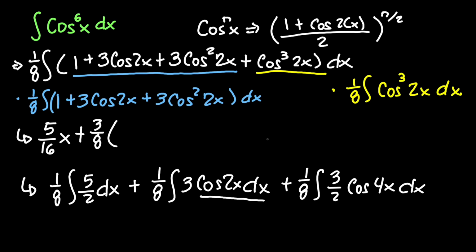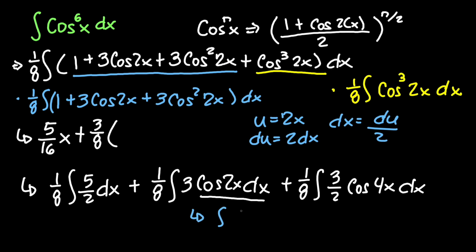For this part, let u be 2x, and so the derivative of 2x would be 2 dx, so dx would be equal to du over 2. By substituting, we would have integral of cosine u multiplied by du over 2.